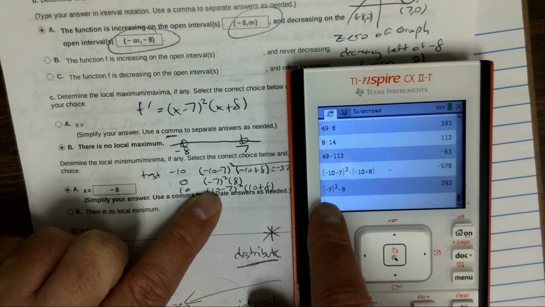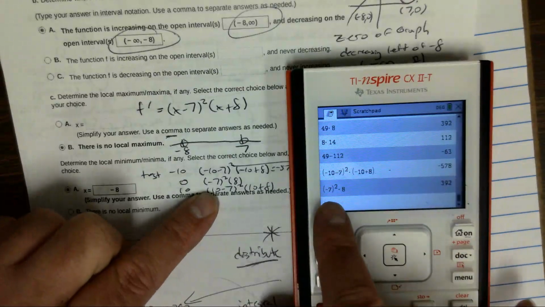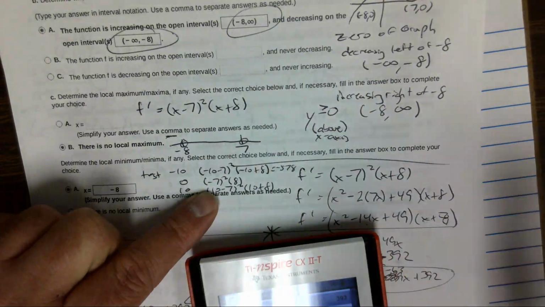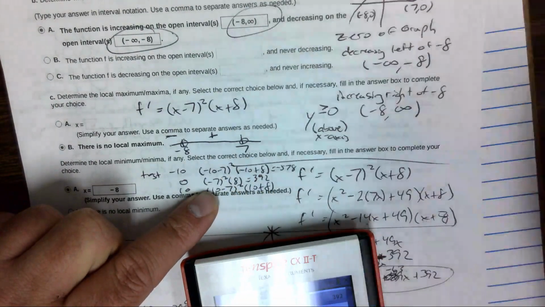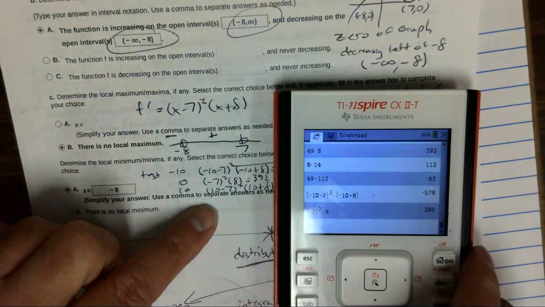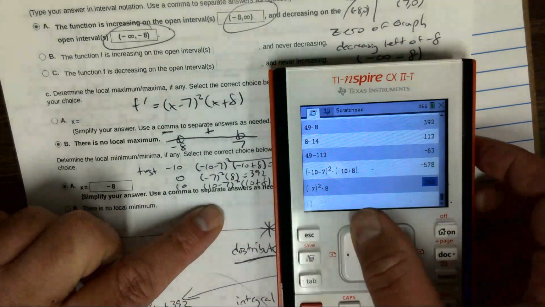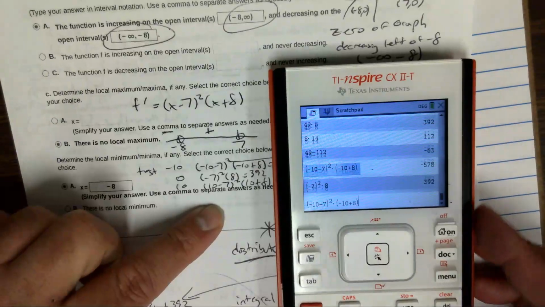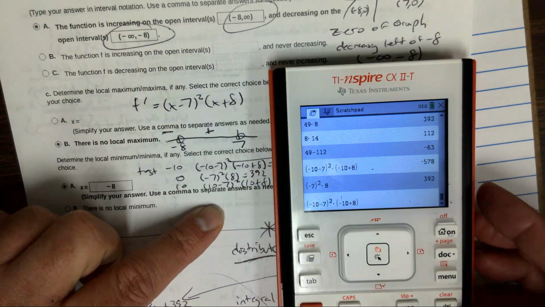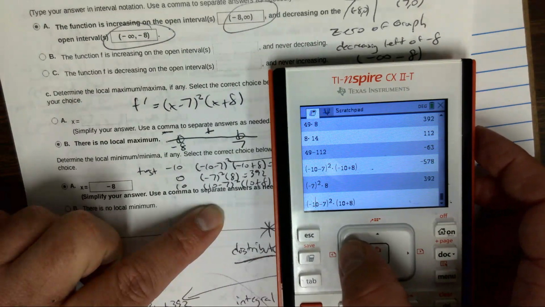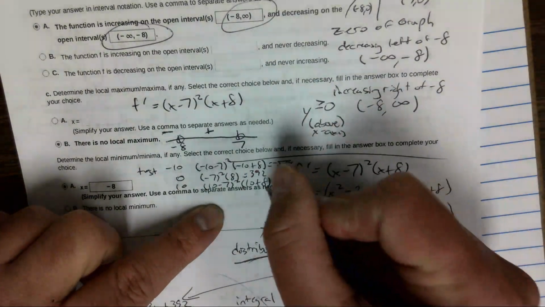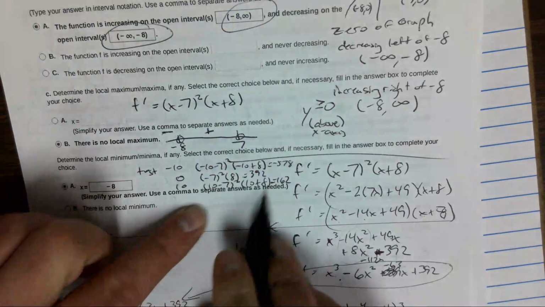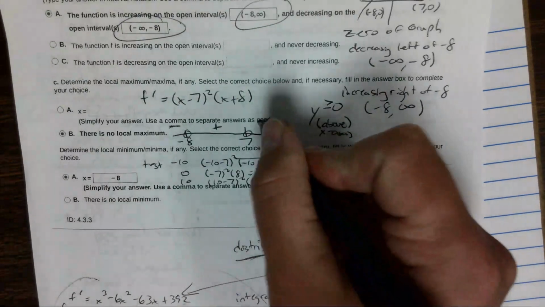Notice you have to have your parentheses in the right spot. So that's going to be positive 392. So that's your plus. And then if I do this same thing, and I just make this positive 10 here and here, then we get 162, which is also still positive.